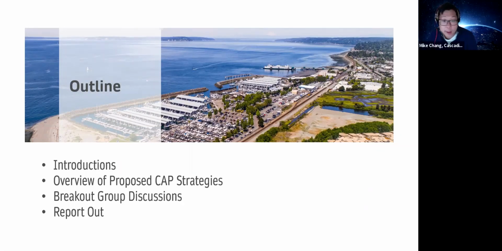One thing I want to tee up for this breakout room group discussion is that everyone tonight will have an opportunity to provide input on both some of the existing strategies that Mark will cover, as well as identifying any new strategies that you want to see included in this climate action plan.